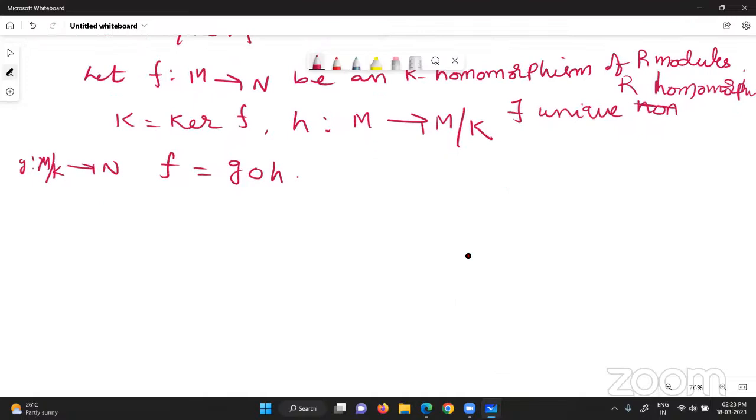Now you have M, N, and M to N mapping is F. So you have M to M by K one mapping, and M by K to N one mapping.